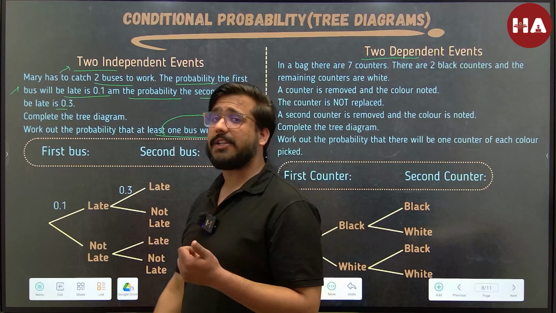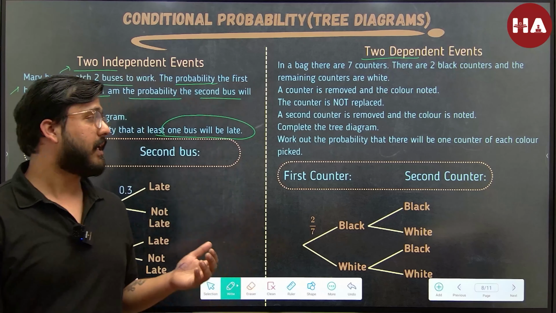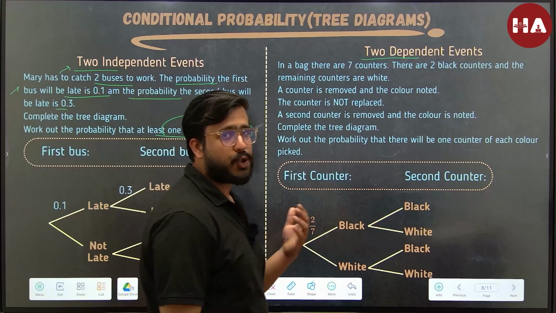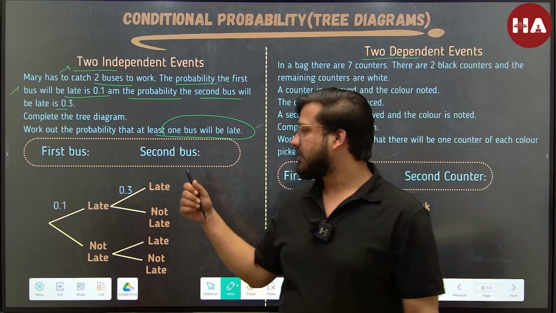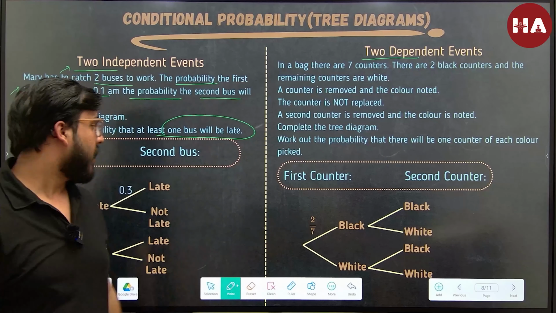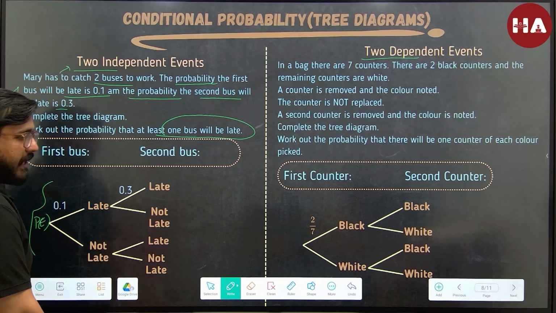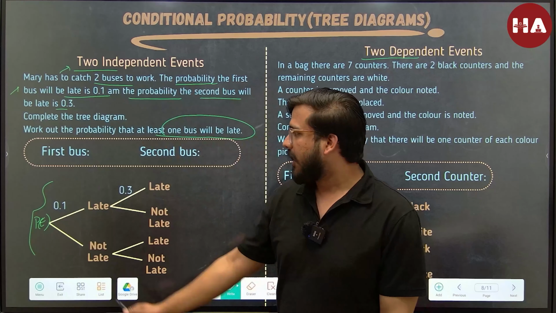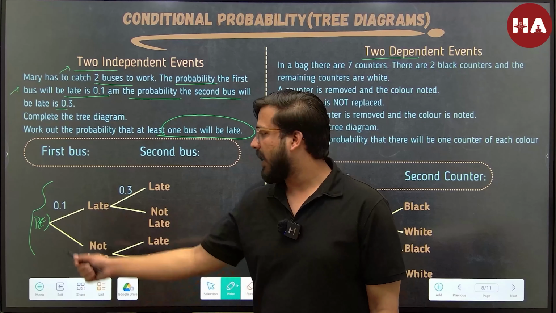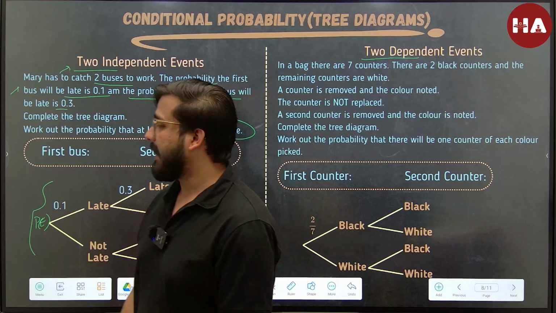In at least, you take the probability of 1 and 2, so you have to start from the number 1. Now I have to complete this tree diagram. The probability of this event is given as 0.1, that Mary will be late.